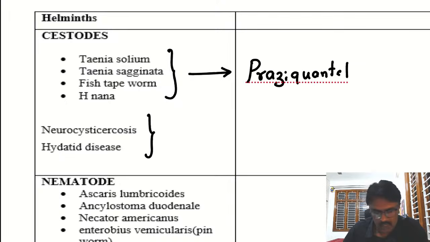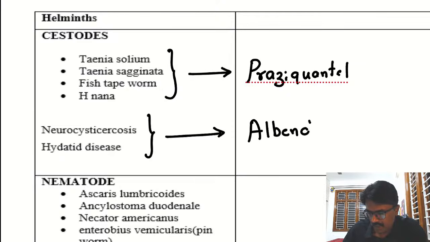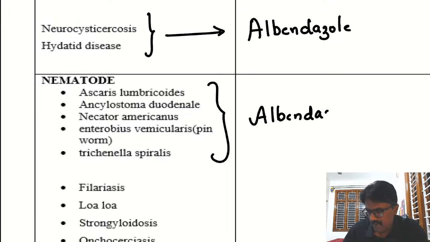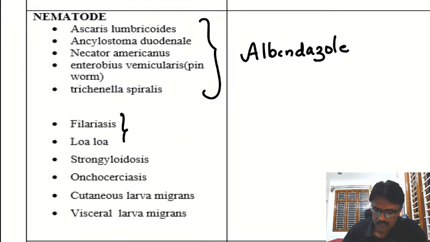Neurocysticercosis and hydatid disease, what we give is albendazole. For nematodes, all nematodes, what we give is albendazole. For filariasis and Loa loa, we use DEC, diethylcarbamazine.